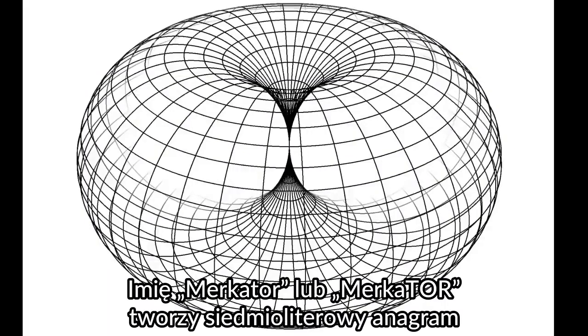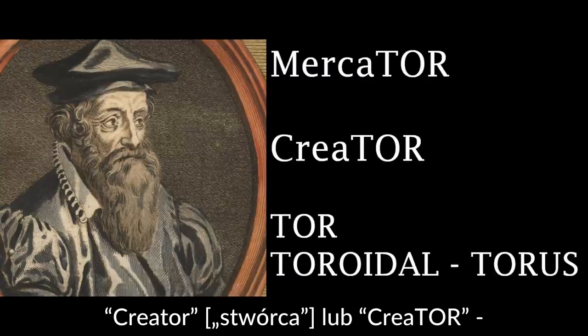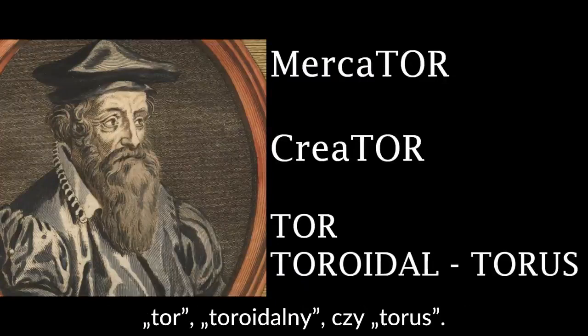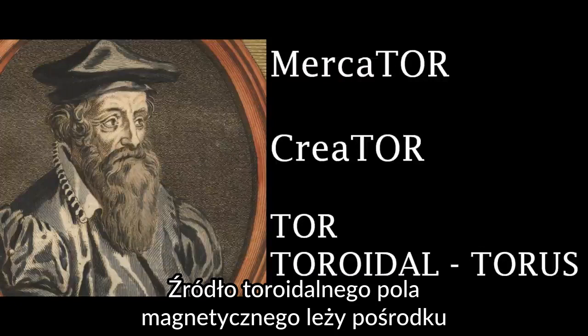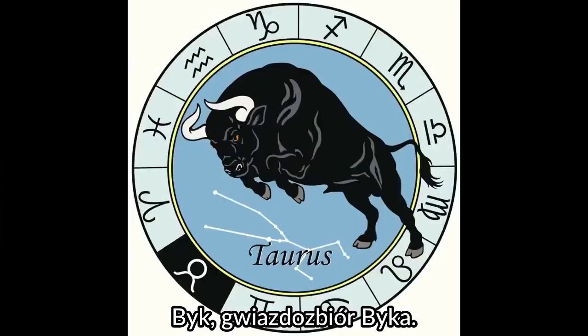The name Mercator produces the 7-letter anagram creator, tor, toroidal or torus. The source of the toroidal magnetic field lies at the center, or the bull's eye, the bull, the torus.